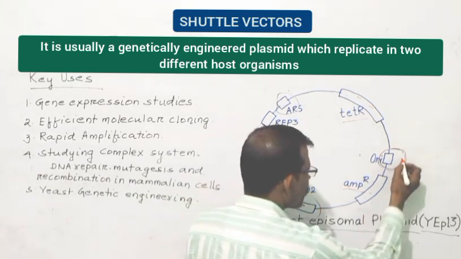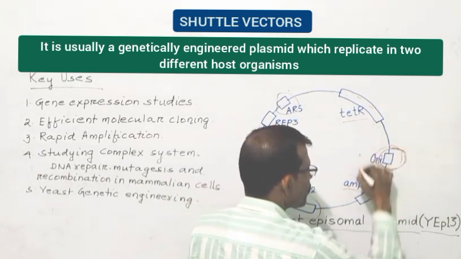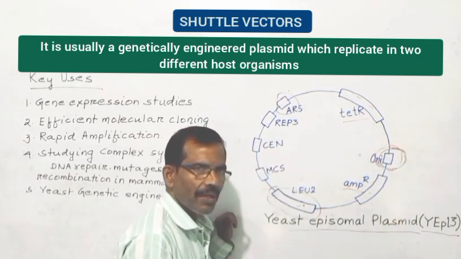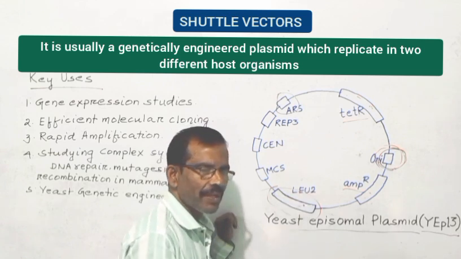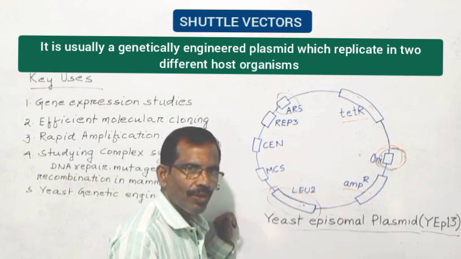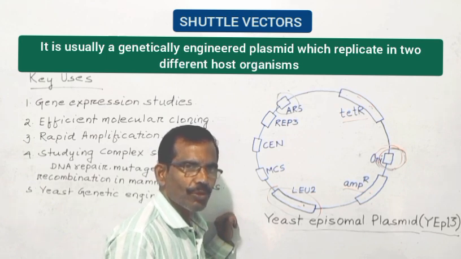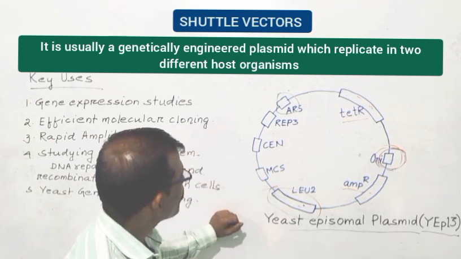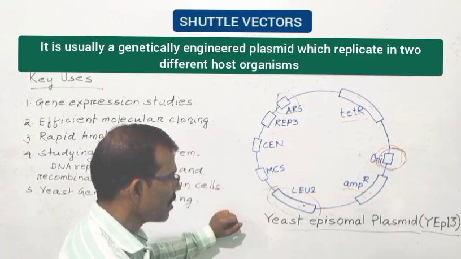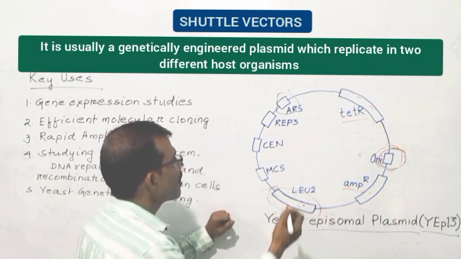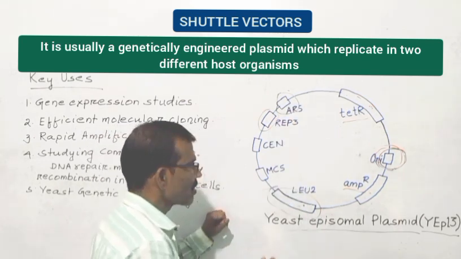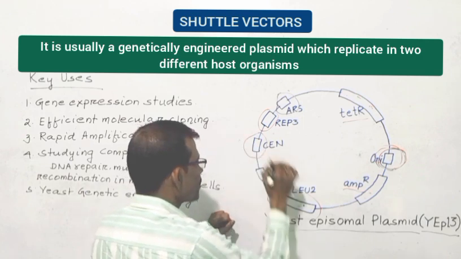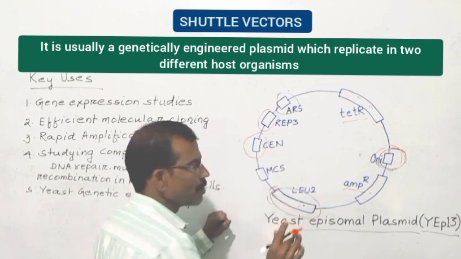The third component is an origin of replication where replication is initiated, enabling the plasmid to replicate autonomously of the host chromosome. Yeast components present in YEp13 are ARS, the REP3 partitioning system, the centromeric sequence, and the LEU2 gene.